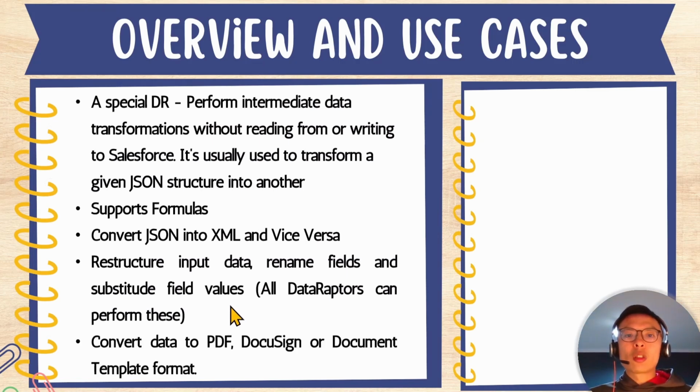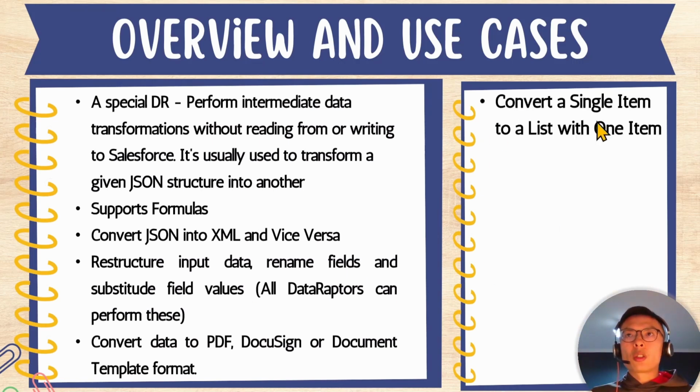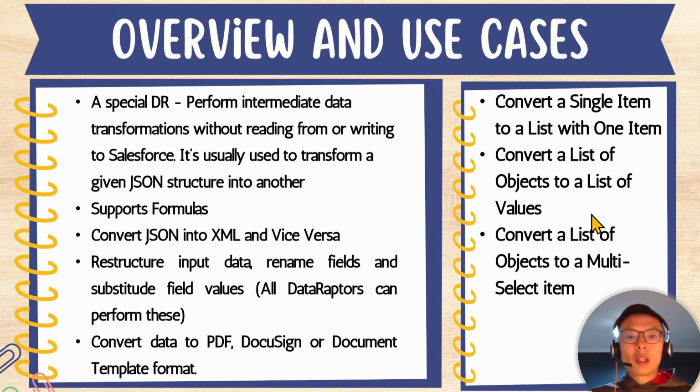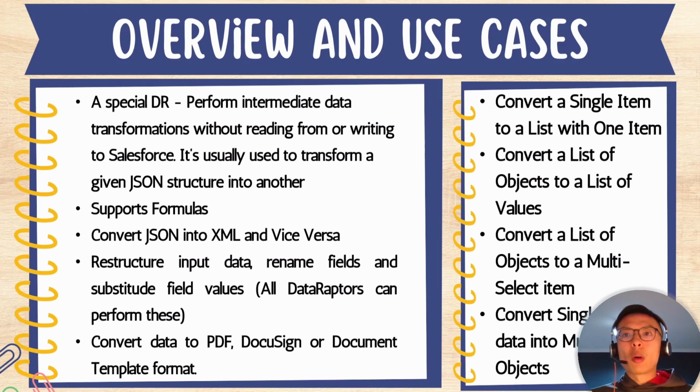One key use case of DataRaptor Transform is the ability to convert data into formats such as PDF, DocuSign, or document template, which is a frequently encountered use case. Some example use cases which we'll cover shortly include converting a single item to a list with one item, converting a list of objects to a list of values, converting a list of objects into a multi-select item, converting single object data into multiple objects.